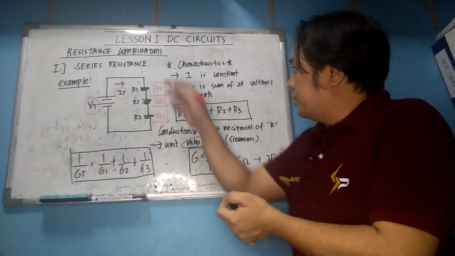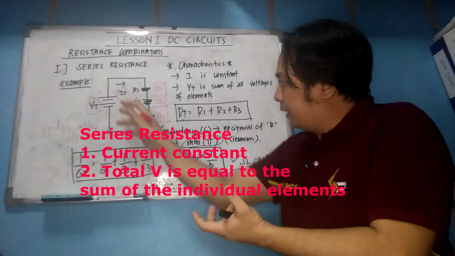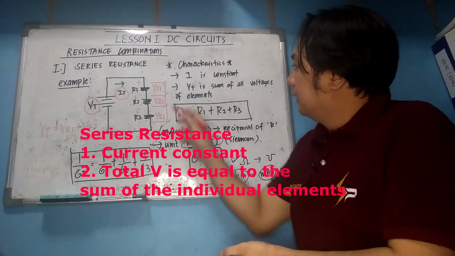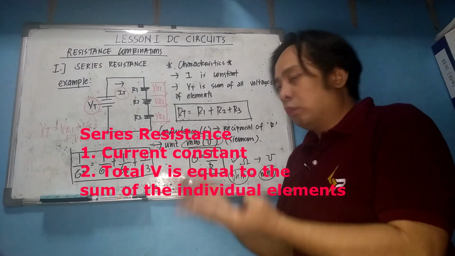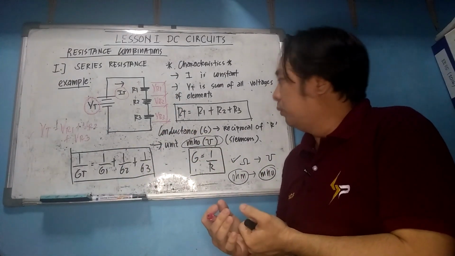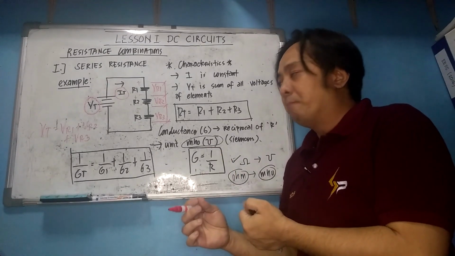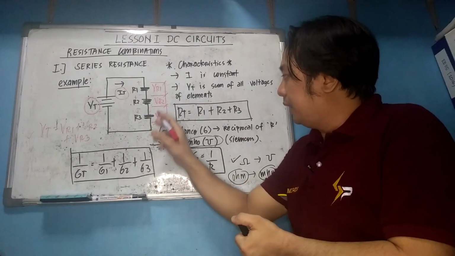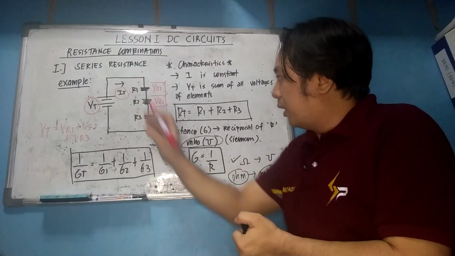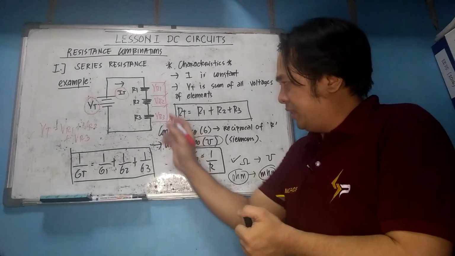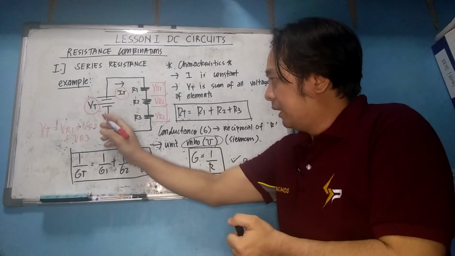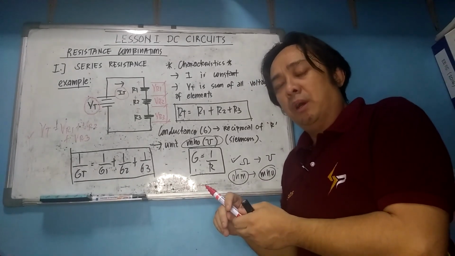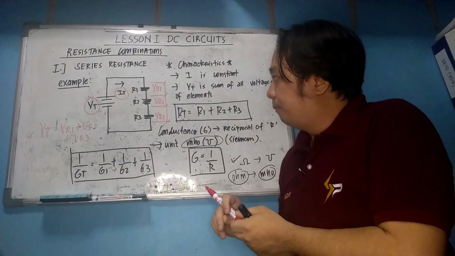Okay, first, the current is constant. It's very obvious that the current flowing in R1, R2, and R3 are the same. Second, the total voltage Vt is the sum of the individual voltages of the elements. So it means that VR1, VR2, and VR3, which are the voltages of R1, R2, and R3, sum to Vt.